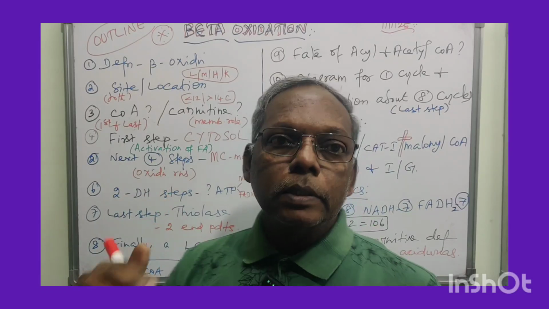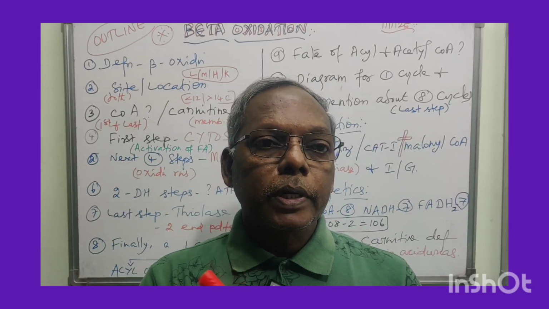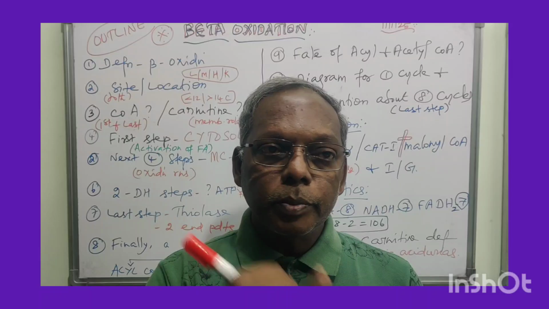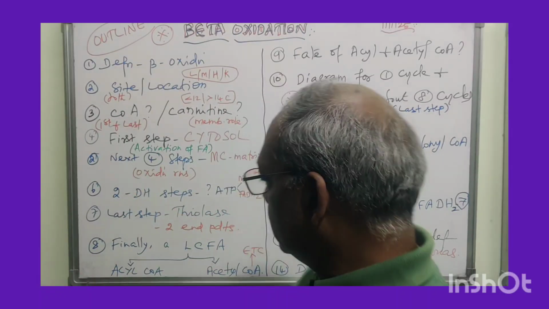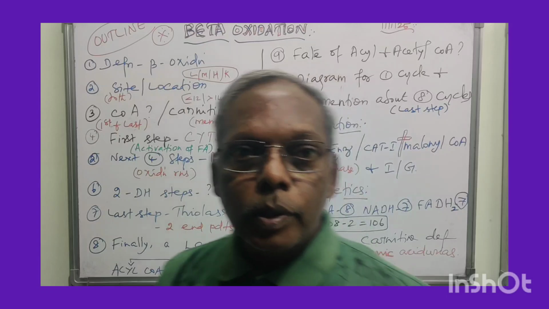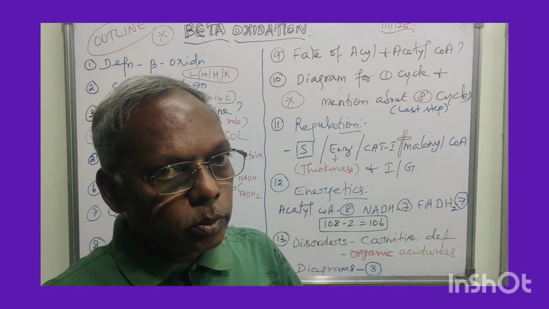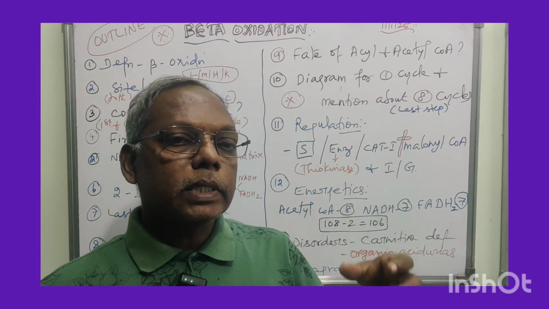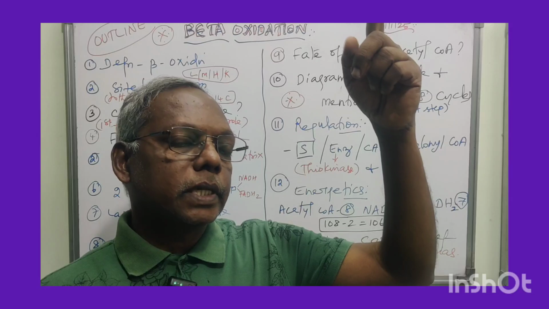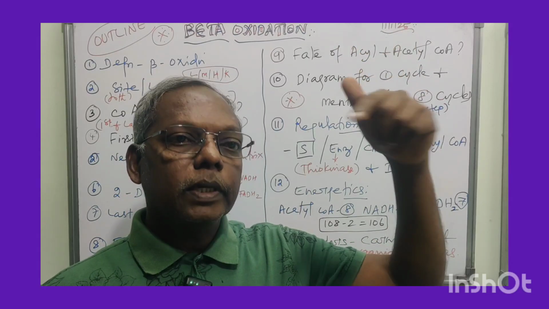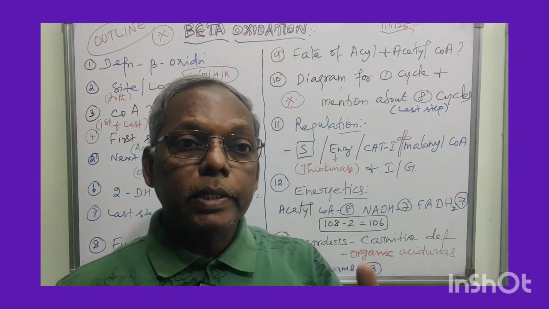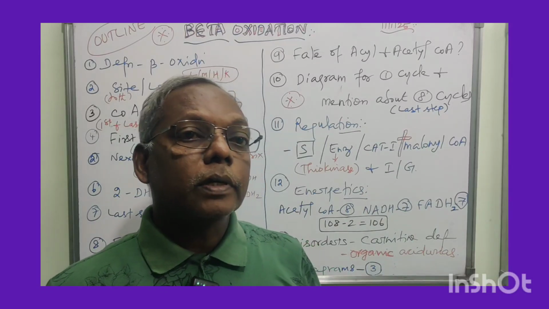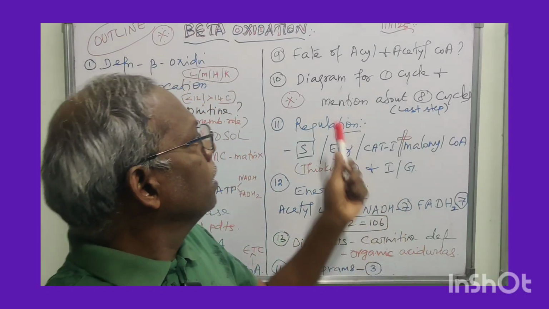With thiolase, the end products of this beta oxidation are one molecule of acyl CoA and another molecule of acetyl CoA, right? Then what is the fate of this acyl CoA and acetyl CoA? Acyl CoA again comes to the first dehydrogenation step for the next cycle of beta oxidation, whereas acetyl CoA enters the electron transport chain for production of ATP.